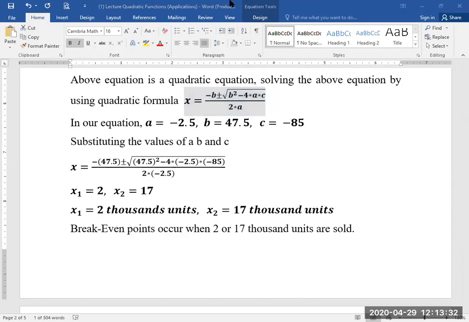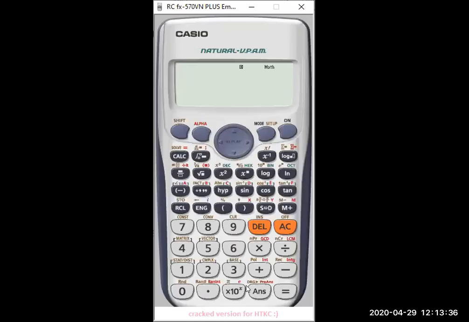By using the calculator we can also solve the quadratic equation. In our problem, we are going to change the mode. Press 5, and then 3, the quadratic equation ax squared plus bx plus c equal to 0, the general form of a quadratic equation. When we choose 3, we have to give the value of a: minus 2.5.